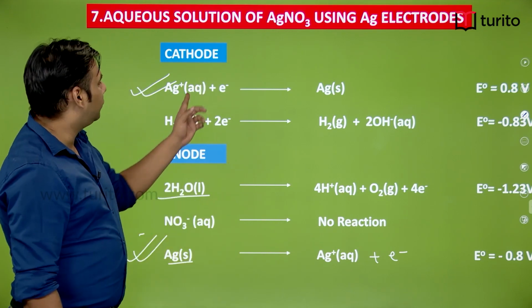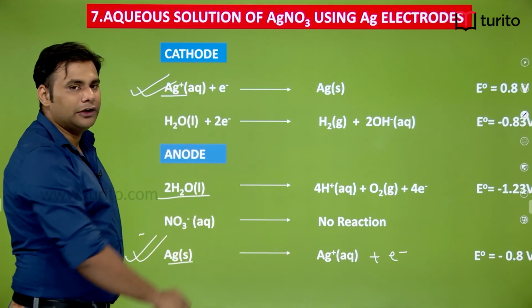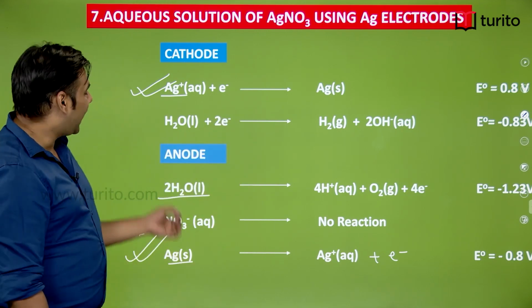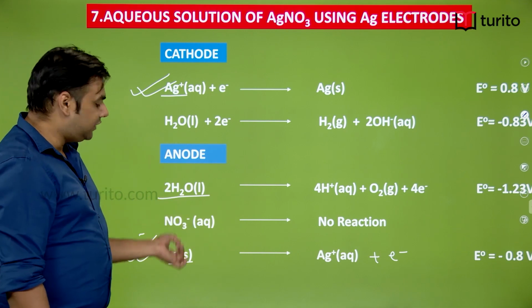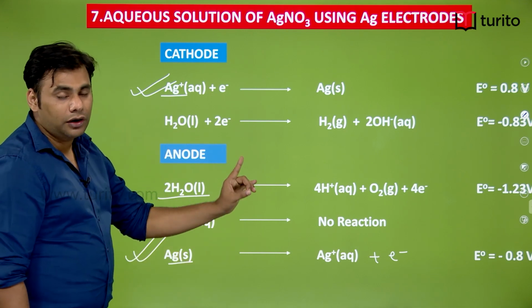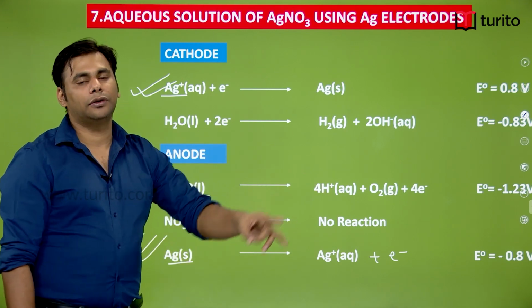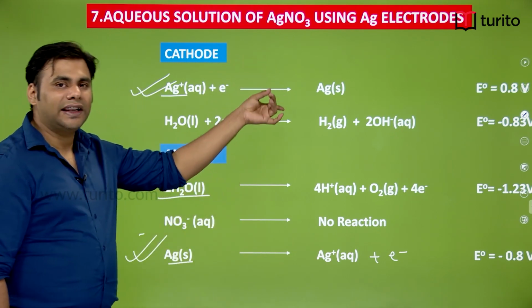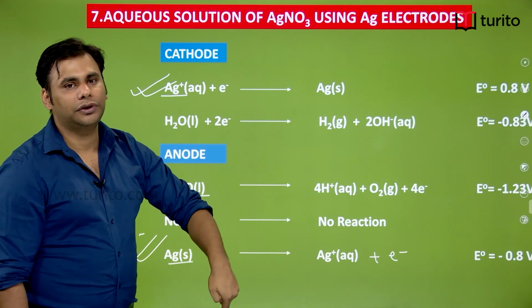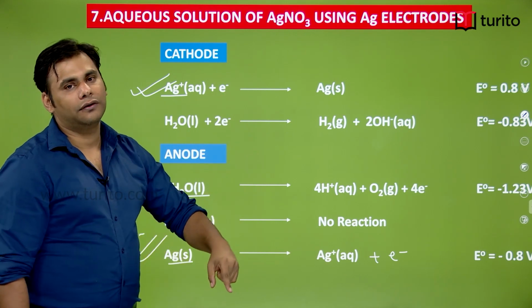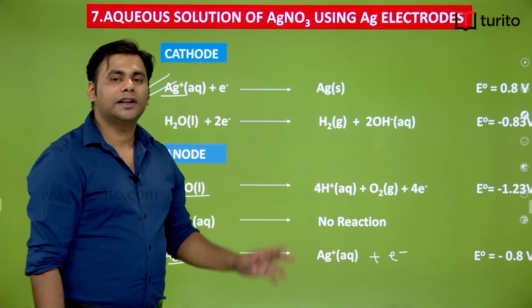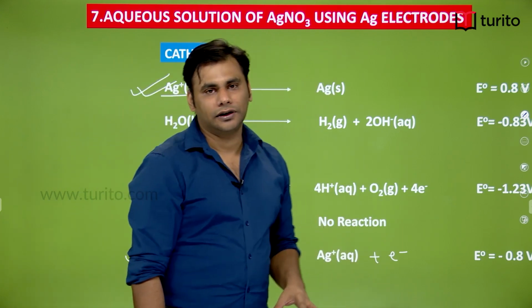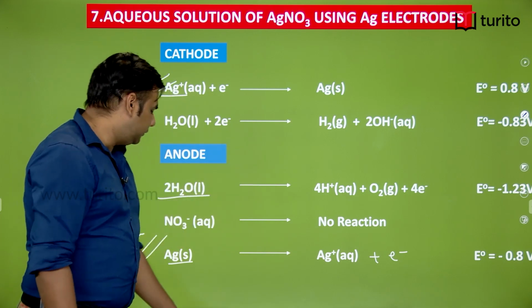So at the cathode, Ag+ is getting reduced and Ag would be deposited at the electrode, and at the anode, the Ag of the anode would oxidize and enter into the solution as Ag+. So whatever Ag+ was depositing at the cathode would come back into the solution through the anode via oxidation. So in this case, there is no change in concentration of silver ion in the solution. I hope this is clear to you.